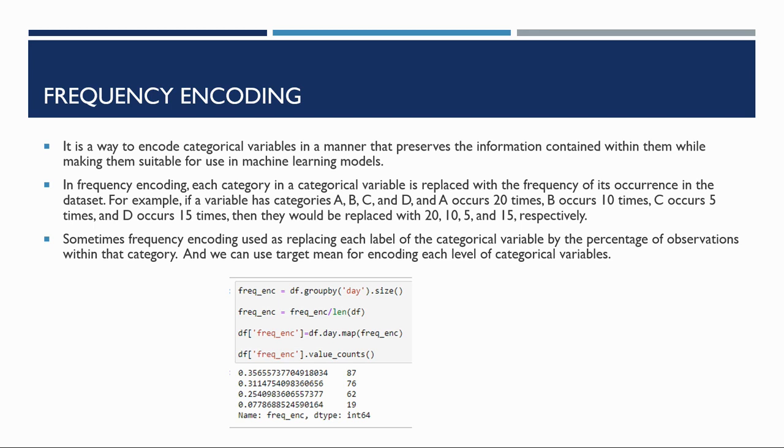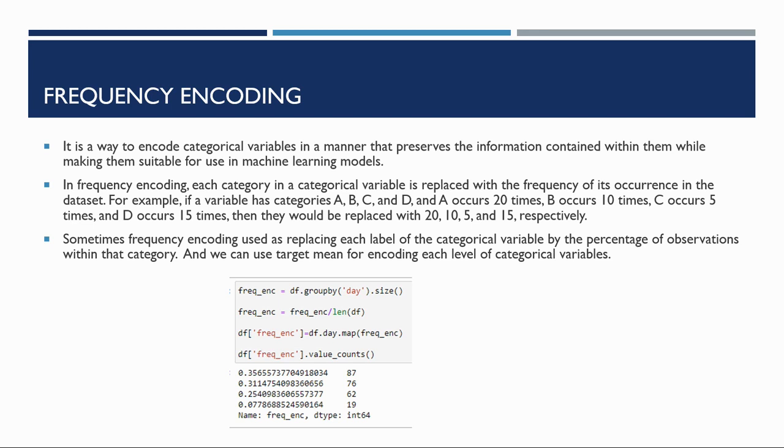For example, each category in a categorical variable is replaced with the frequency of its occurrence. If a variable has categories A, B, C, and D, and A occurs 20 times, B occurs 10 times, C occurs 5 times, and D occurs 15 times, then they would be replaced with 20, 10, 5, and 15, because that is the frequency with which these particular labels occur in that feature.